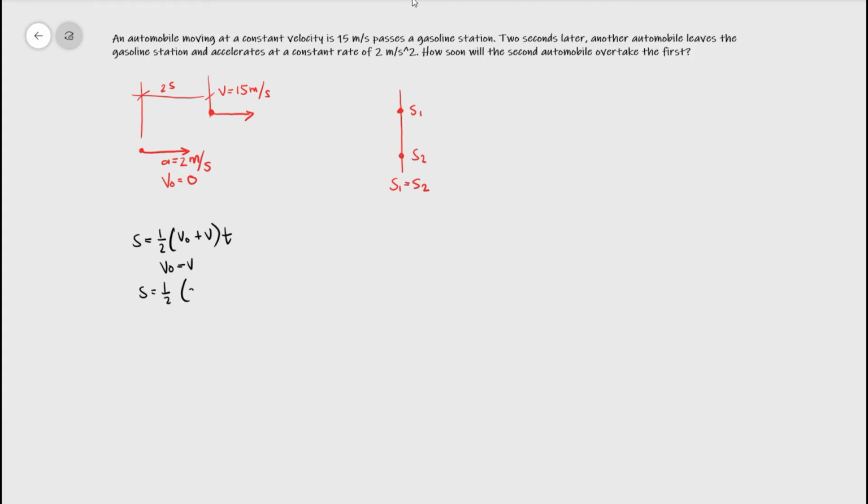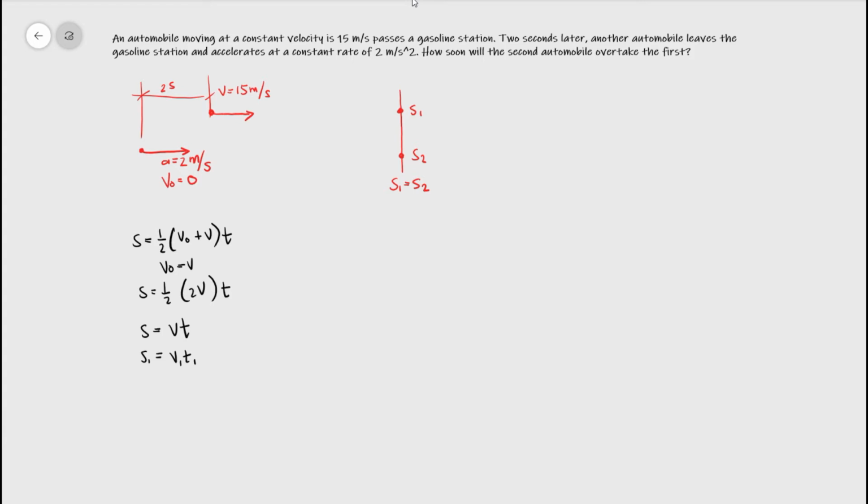Therefore, this one is equal to 2v times t. Then we can see that for constant speed, we have this formula, S is equal to Vt. Let's say this one is for S1, and this is the velocity of the first automobile and the time of the first automobile.